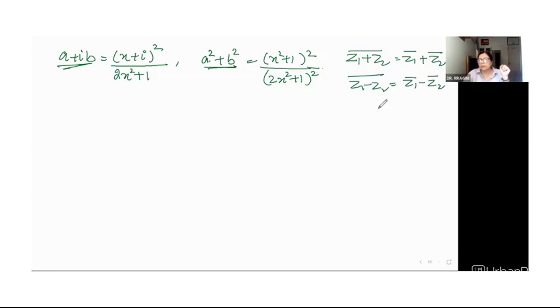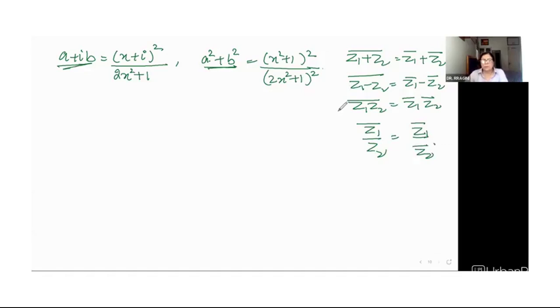Then in multiplication, the conjugate of the product can be broken down into individual conjugates. And finally, in division, z1 by z2, if we have to take the conjugate of a rational function, we can simply take the conjugate of the numerator as well as the denominator.